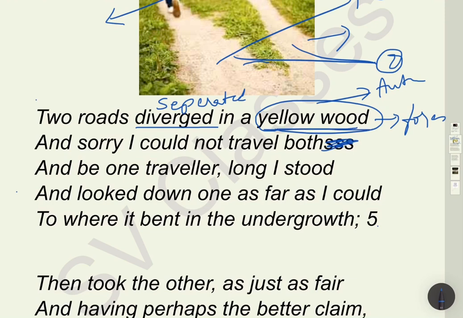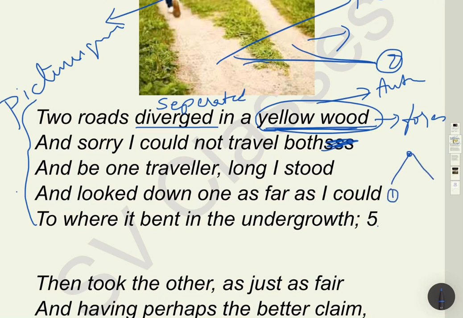Here in the first stanza you would be able to understand that the poet is trying to create a very picturesque situation. One day he was going through the yellow wood, through the forest, and he came to a situation where there were two roads, road 1 and road 2. Two roads diverged.